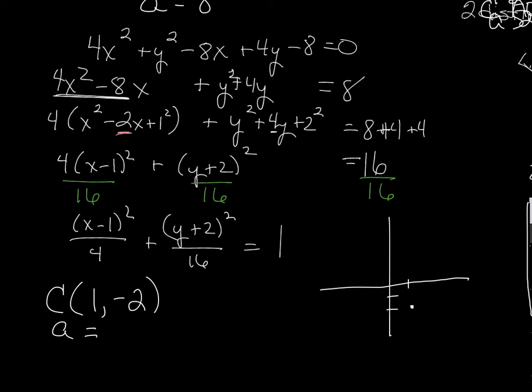A is not 4. Well, oh wait, you're right. I was thinking 2A. A is 4. B is 2. This is B squared.